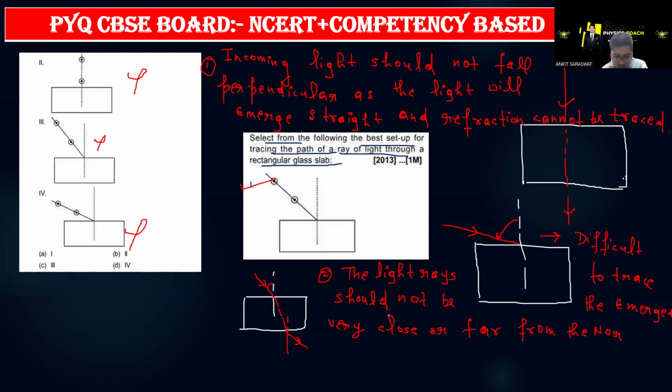Why? Writing here, second point: the light ray should not be very close or far from the normal, as the emergent rays are difficult to trace.